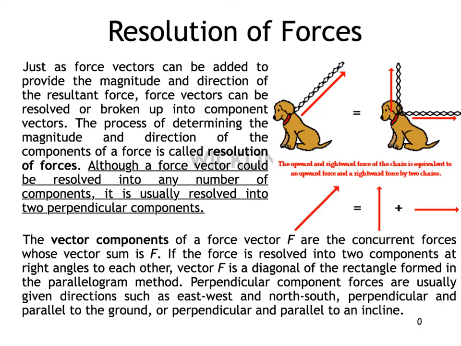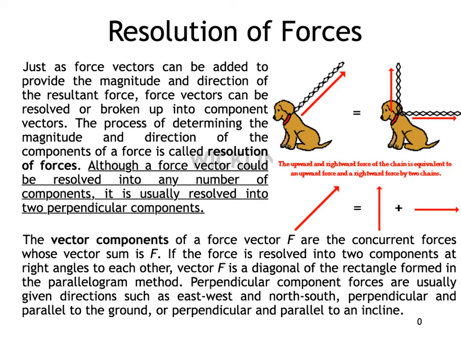So this slide is, in a lot of ways, a slide of opposites. Because in the previous part of this lecture, we were talking about adding force vectors together to get a resultant. You could do that graphically, algebraically, or trigonometrically, but there is sort of the opposite of that, which is to take a single vector, which you could think of as a resultant, and break it up into its components.